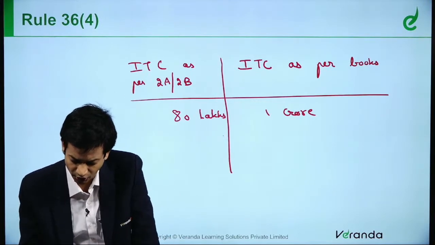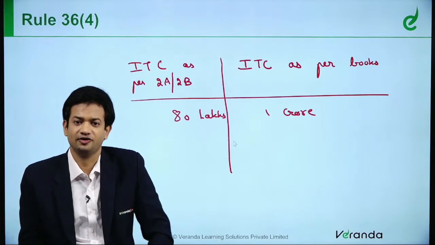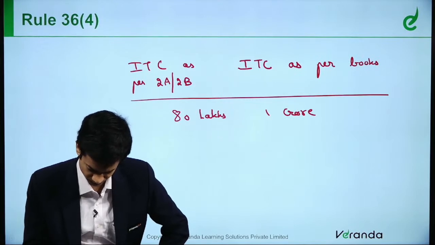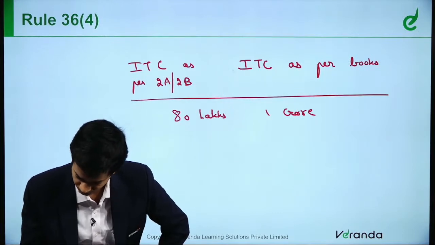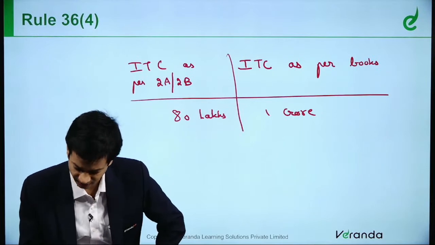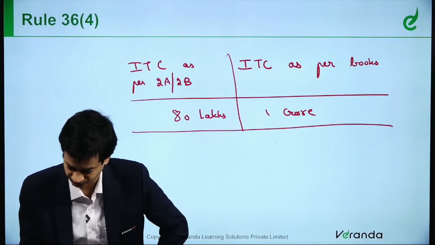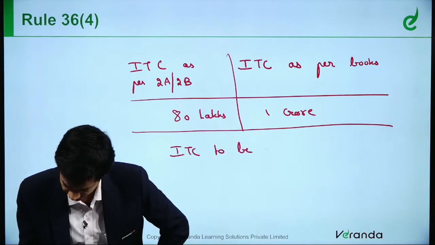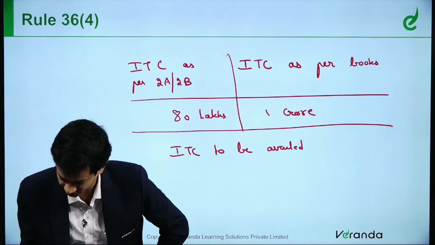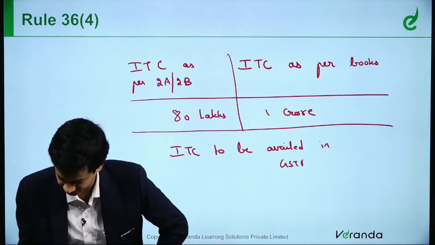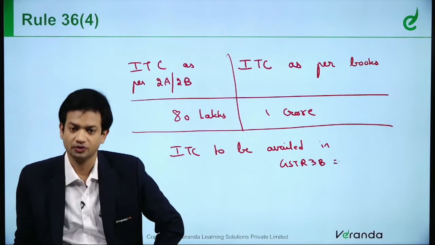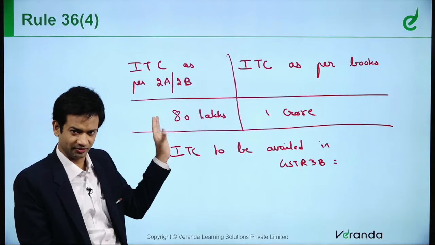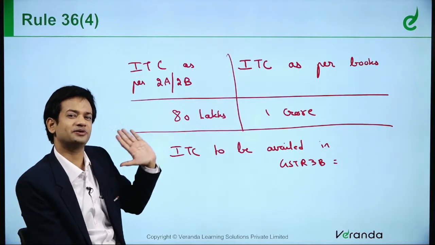Let's see. Here, the ITC to be availed in GST 3B will be the eligible credit in 2A and 2B, plus 5% only I can take.